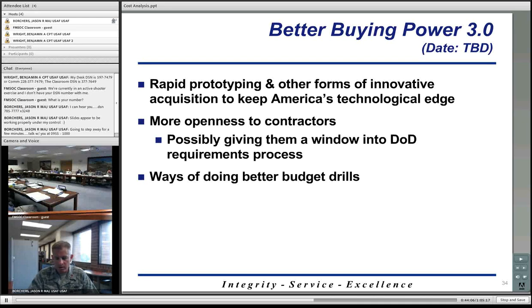That will essentially be what makes Better Buying Power, or should cost initiatives, work: when you're actually working with the contractor, the individual who can affect their processes or operations to lower costs ultimately.